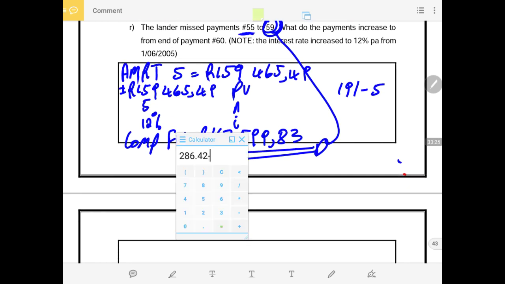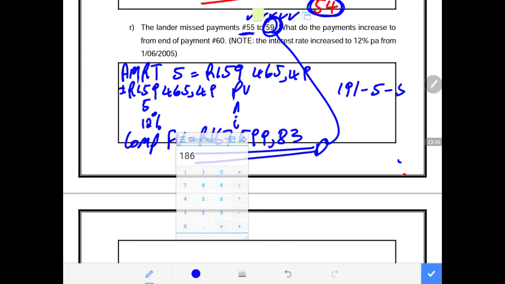Then we need to say 191 minus 5 payments that were made. Then other 5 payments were missed, so minus 5 payments that were missed. Then the question is, how many months are left?